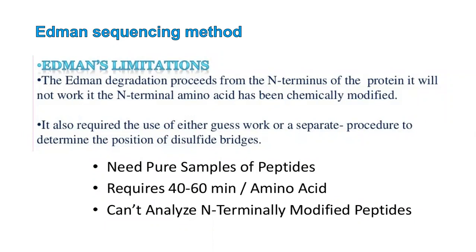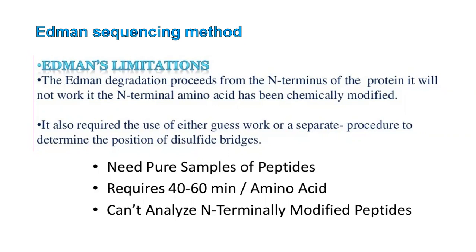So even if we say that this is a very good process or method to identify the amino acid sequence in the proteins, it does have its limitations. One thing is that we saw that it starts reading from the N-terminus of the polypeptide chain. So what happens if the N-terminal amino acid is already modified or is coupled with some other molecules? No longer can the Edman reagent combine or react with that N-terminal amino acid.